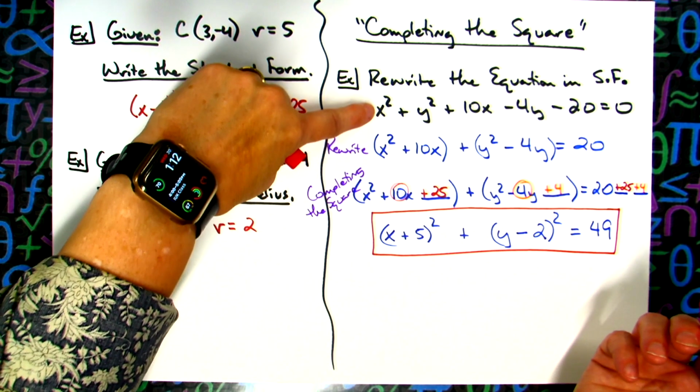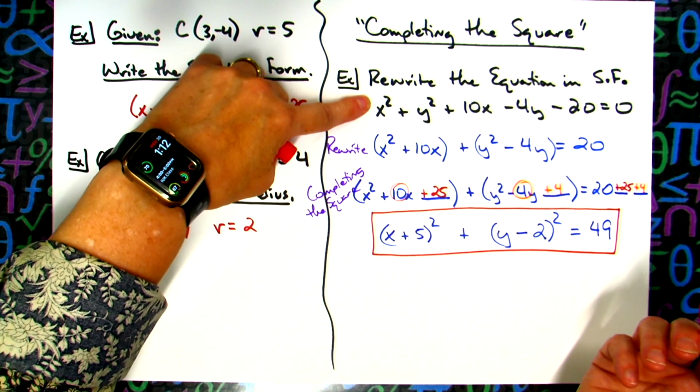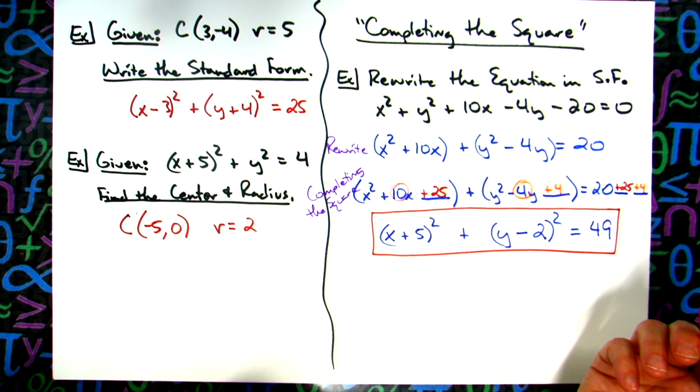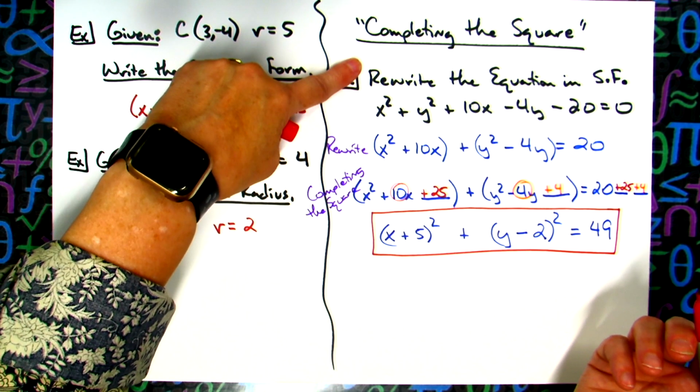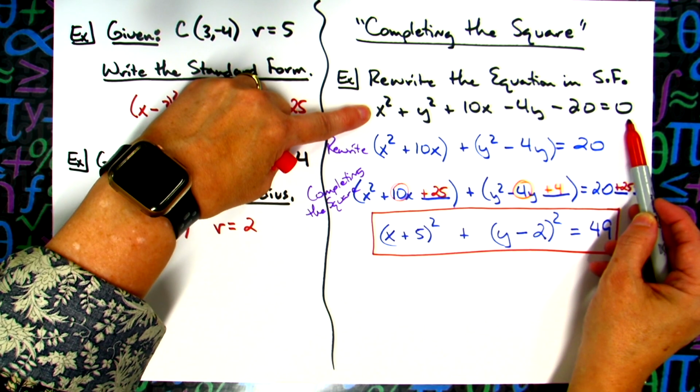Now, could there be a part B and a part C to this question? Could I say rewrite in standard form, part A, part B, find the center, part C, find the radius? Could I not tell you to rewrite the equation? What if the directions just gave you this and then said find the center and find the radius?